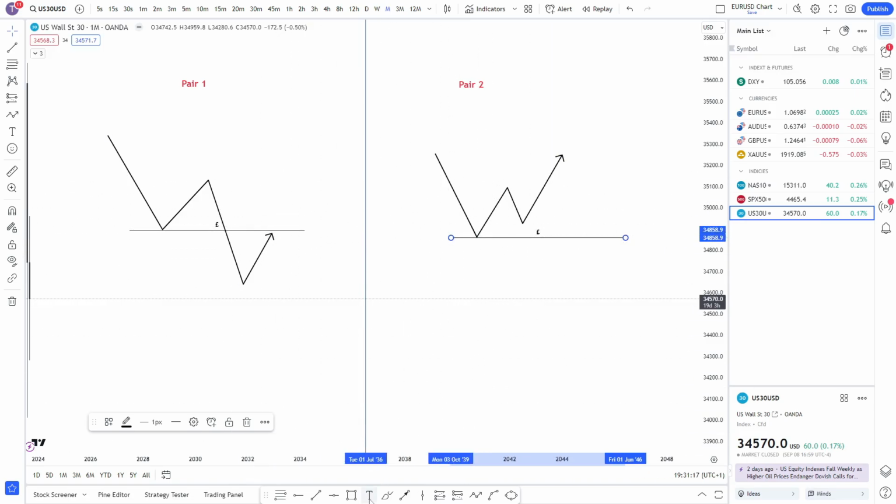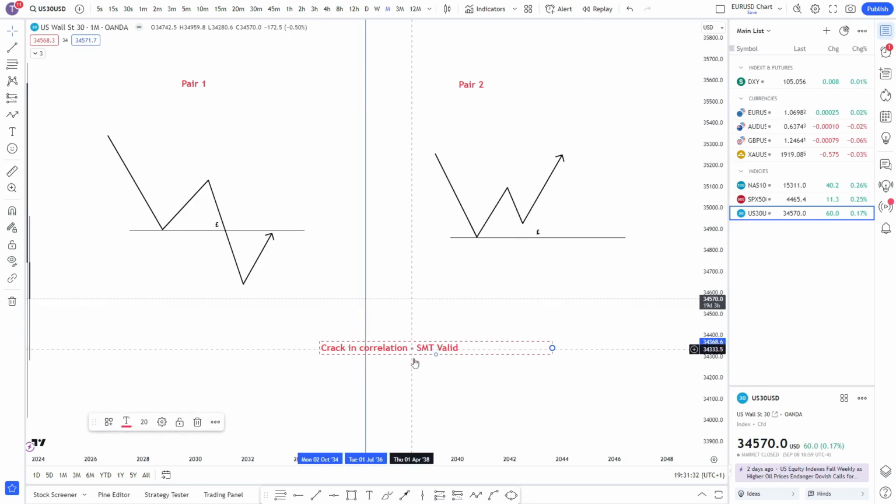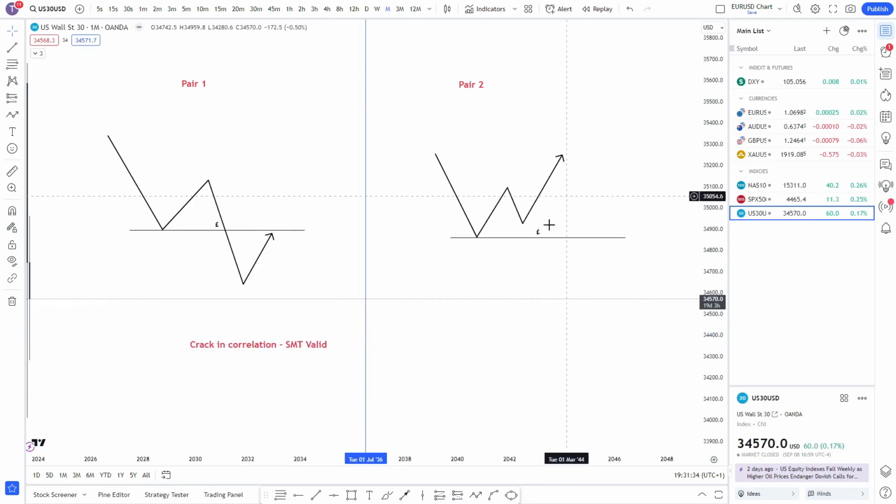So in this instance there is a crack in correlation, which means SMT is now valid. We can use this tool to identify that because pair 1 has taken liquidity right here, while pair 2 is unwilling to take this liquidity.